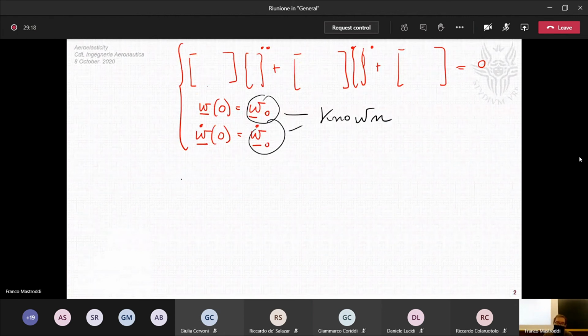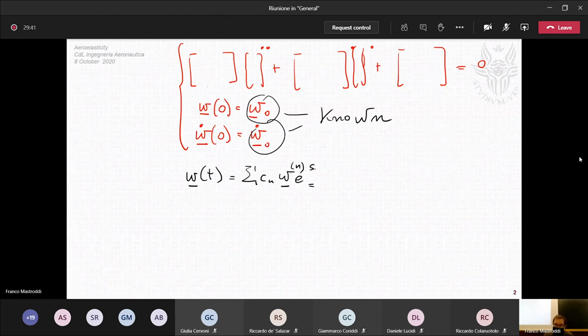And therefore, if you write your problem in this way, W of time is equal to the summation of Cn Wn e to the Sn t. This can be written as the following.